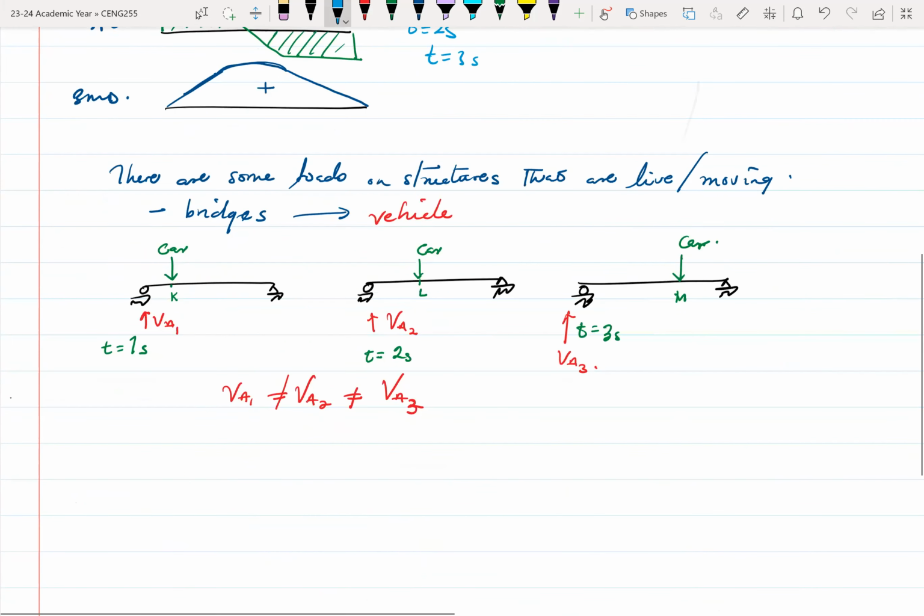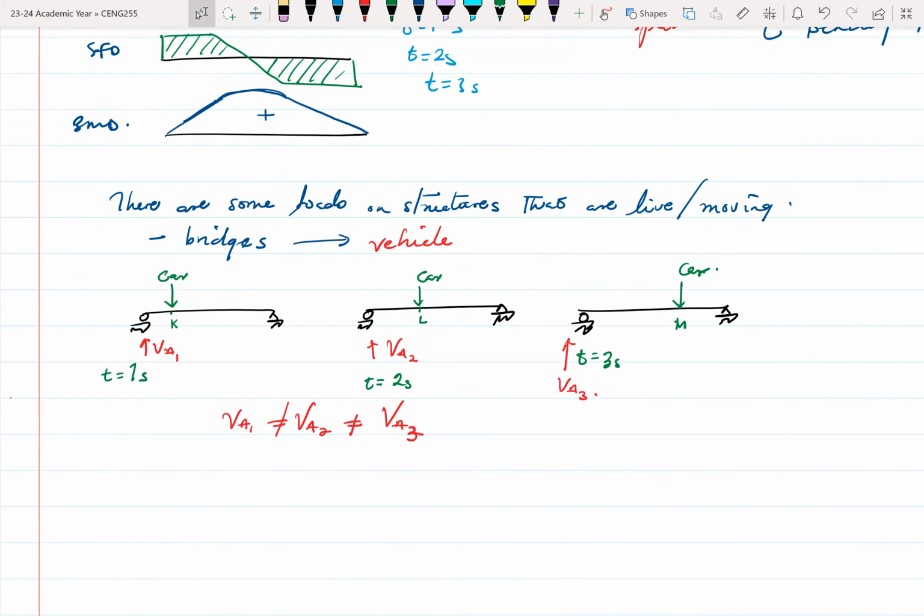But in the case of moving loads, the load's position changes with time, and then certain functions like reactions, deflections, shear force, and bending moment will also change with respect to the new position of the moving vehicle.